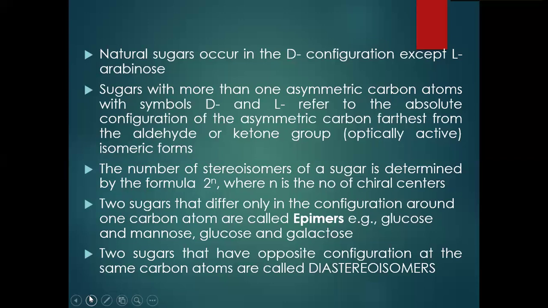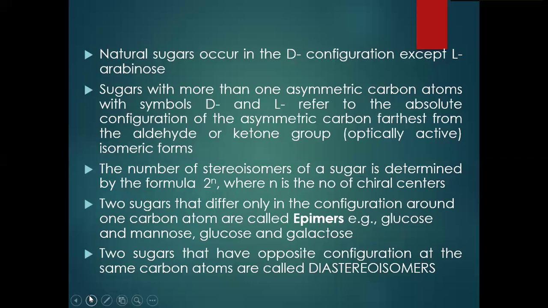And D or L shows that those sugars are optically active. Now, the number of stereoisomers a sugar will have is determined by the formula 2 to the power of n, where n is the number of chiral centers in that particular sugar.